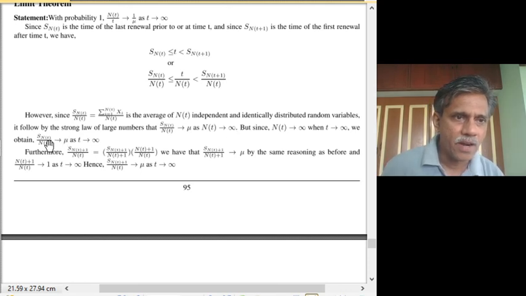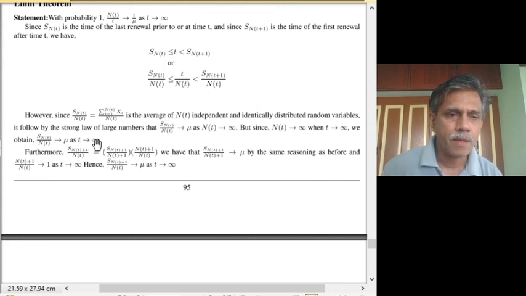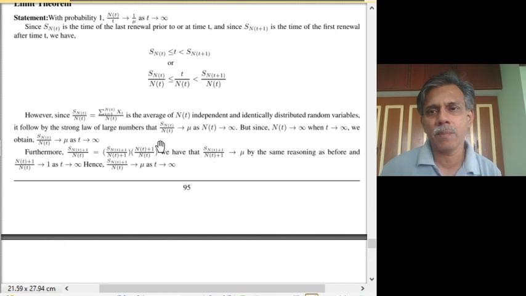So S of N of t by N of t tends to mu as t tends to infinity. Furthermore, if you look at S of N of t plus 1 by N of t, it can be written as S of N of t plus 1 by N of t plus 1, into N of t plus 1 by N of t. We have divided and multiplied by N of t plus 1.